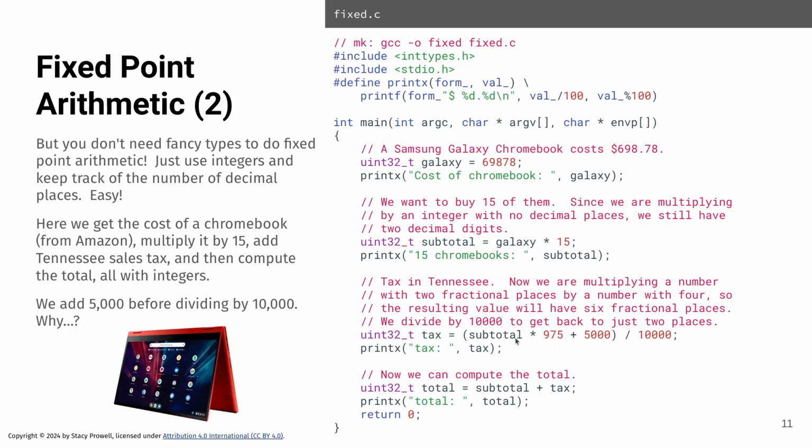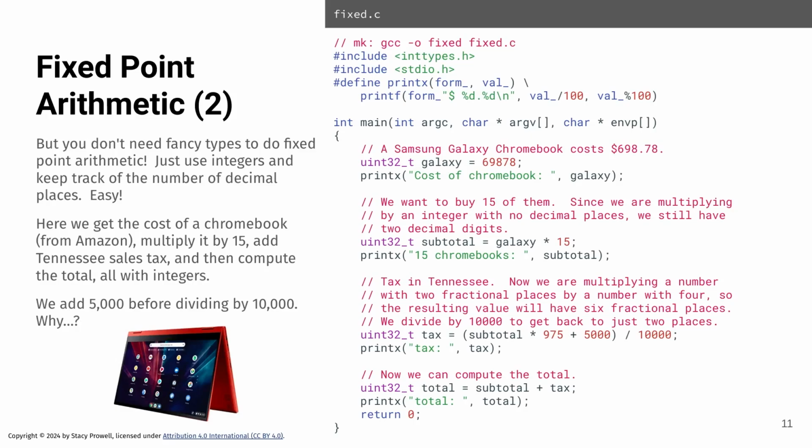So really, I have 2 digits to the right of the decimal in the subtotal, and 4 to the right of the decimal here with the tax. The result will then have 6 to the right of the decimal. Wow, 6. Okay, I don't want 6. I want 2. So what I need to do is divide by 10,000, right? This will remove 4 of those positions of the 6, leaving me with just 2.